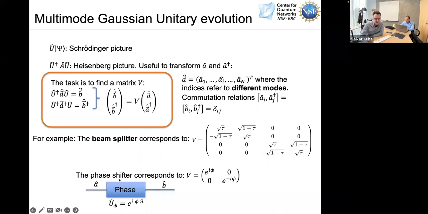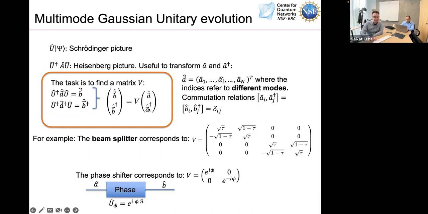The phase shifter is another example. If you want to find the Heisenberg matrix V for the phase shifter, it is not difficult to find that V should look like that. So basically, when you apply a phase on a field, you multiply the annihilation operator of that single mode by e^{i phi}, and e^{-i phi} for the dagger version.